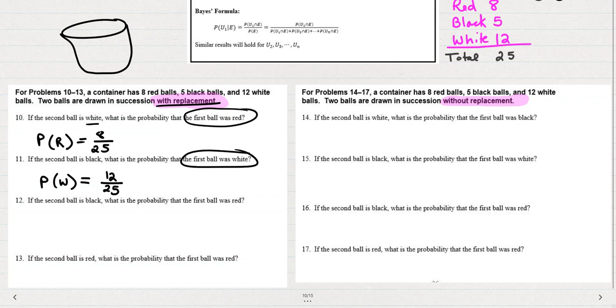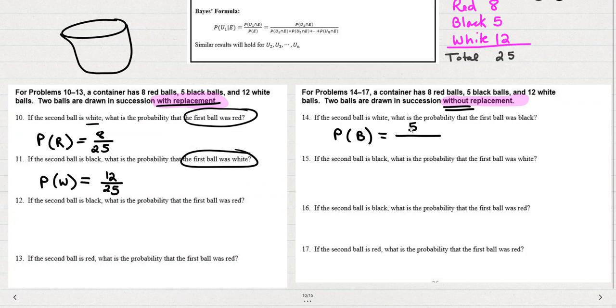But if we're talking about without replacement, so we know that the second one was white, but what's the probability that the first one was black? Well, what's happening here is that second ball being white, the number of black balls isn't actually affected, right? There's still 5 black balls.